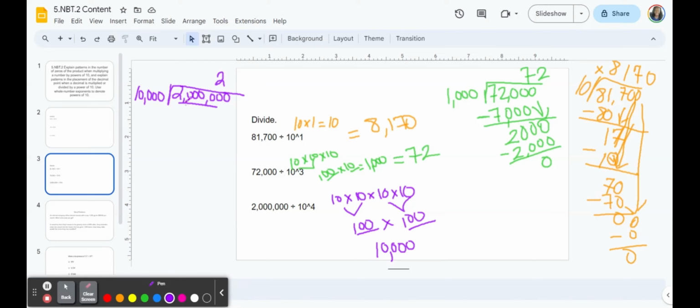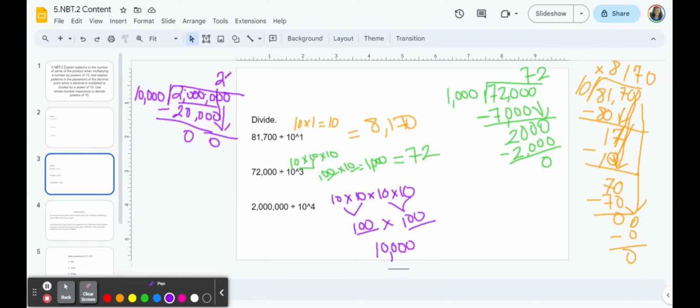So now 10,000 times 2 is 20,000. All right, so we're going to subtract. That's 0. Bring down the last 2 zeros. Well, bring down one of the zeros.